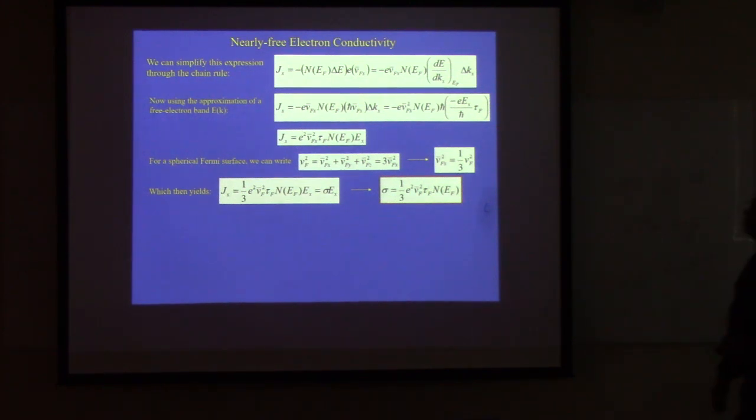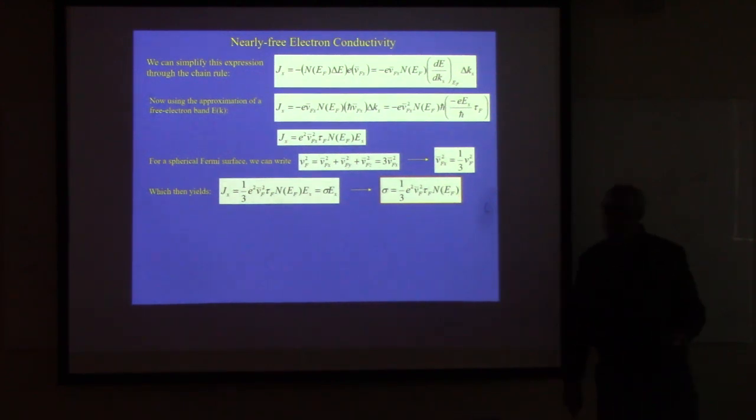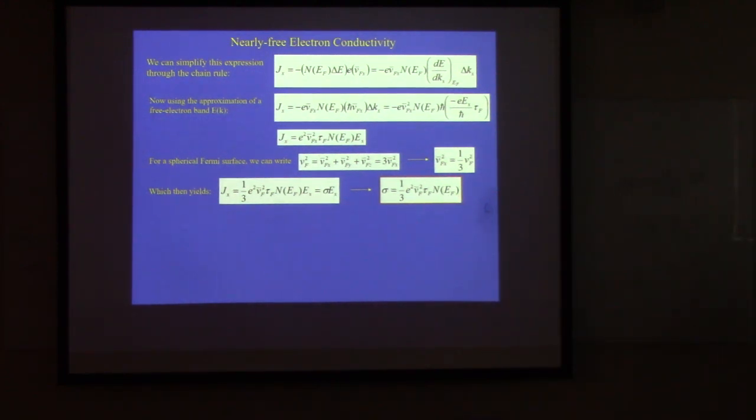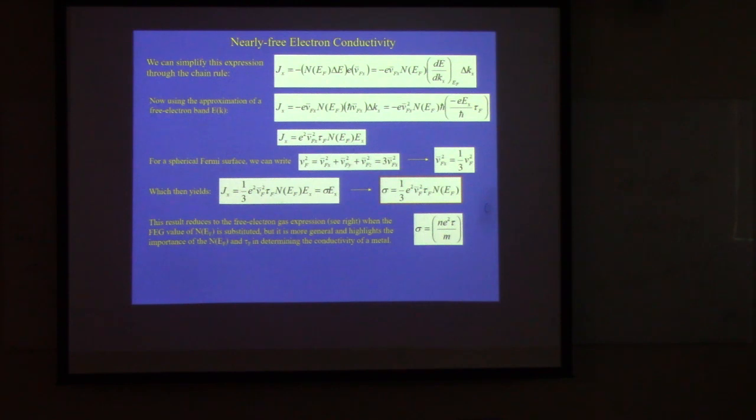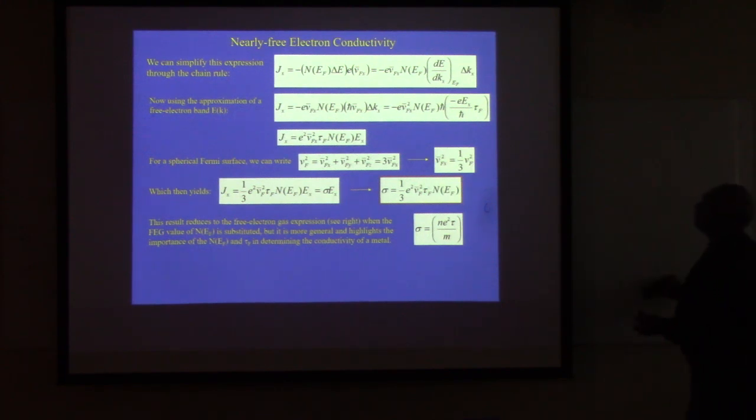Now, if you remember, you did the homework problem: N(EF) is 3n divided by 2EF, right? So if you plug in that one, I encourage you to do it yourself. If you do that, you get sigma as n e squared tau over m. That's the Drude conductivity. Please plug in all these things.